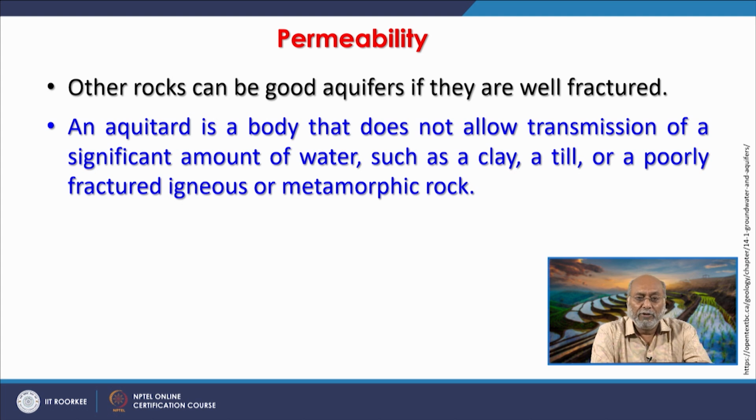Whereas we know that an aquitard is a body that does not allow water. So, this is the other extreme in types of aquifers, and aquitards are generally made from clay, till or poorly fractured igneous and metamorphic rock. Till, we have discussed in a previous discussion, is a very poorly sorted loose material.